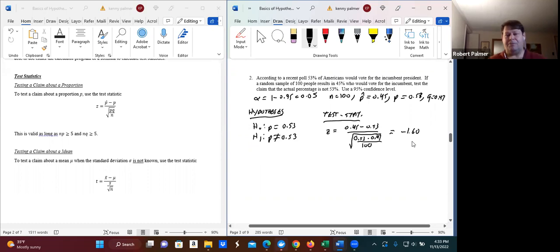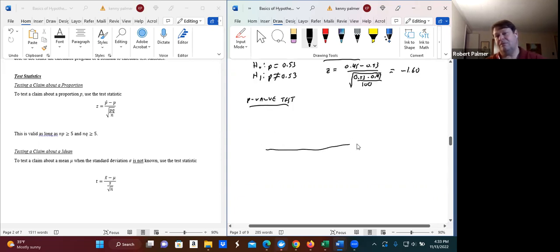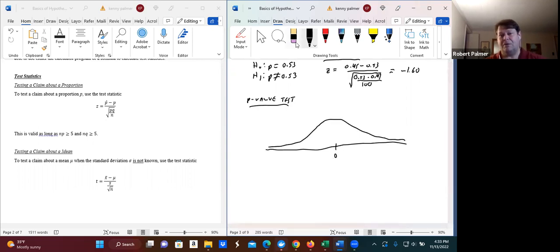Now, once again, we use the p-value method. So if we draw this again, going from a z distribution, a symmetric distribution, here's the mean in the middle. And this is the sampling distribution, so the actual p should be right in the middle.